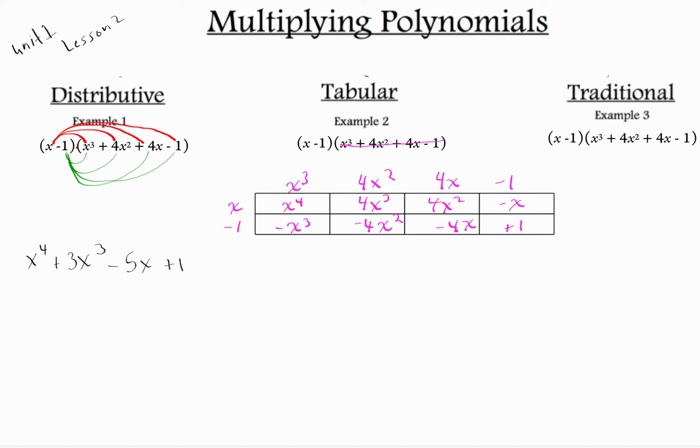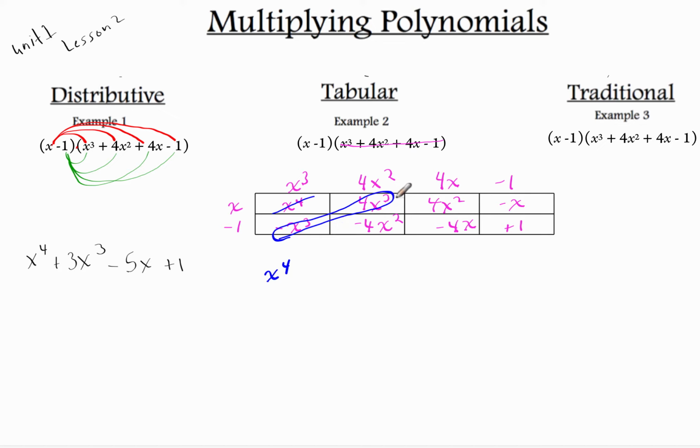Now, sometimes what will happen is you have polynomials going in a decreasing order. See the degrees here? 3, 2, 1, no degree. Then you get diagonals. So in other words, x to the 4th is x to the 4th. But if I look along this diagonal right here, my x cubes are lined up.